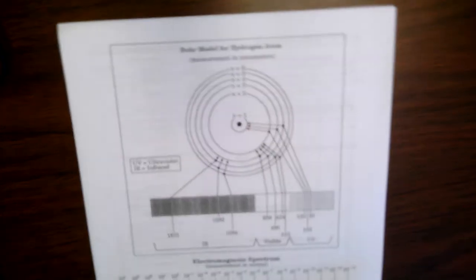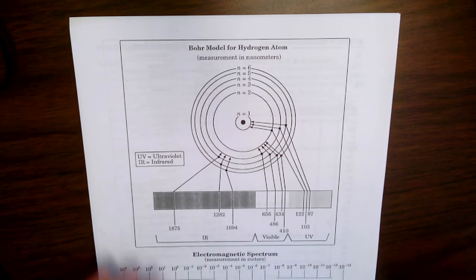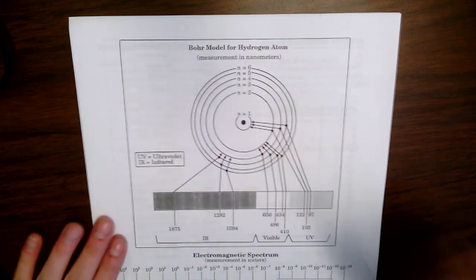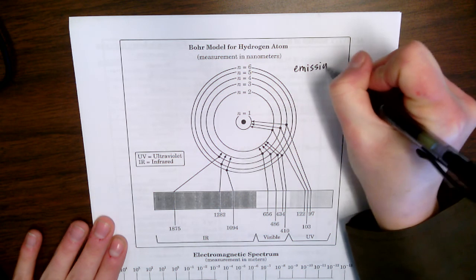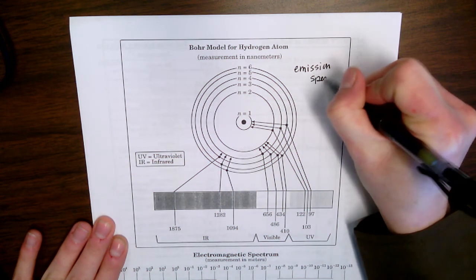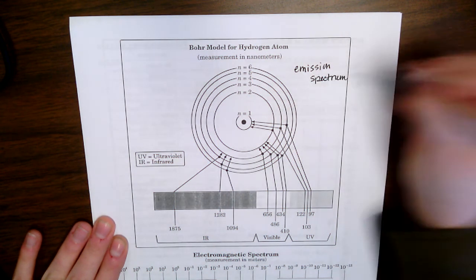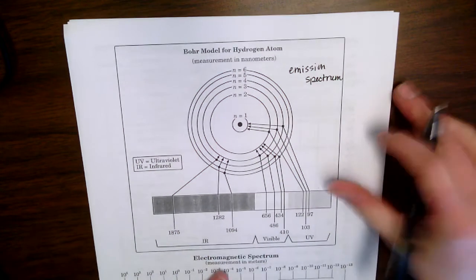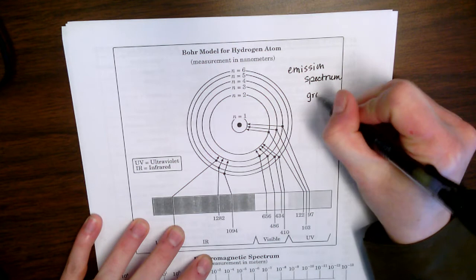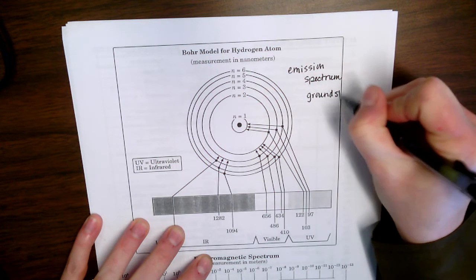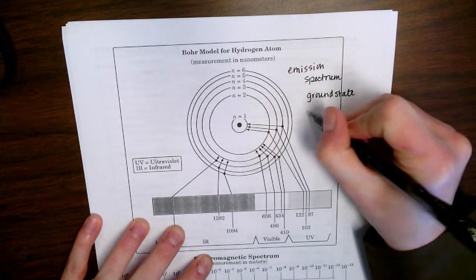If we look at the Bohr model of the hydrogen atom, basically this is showing an emission spectrum. What it's showing is something called a ground state and an excited state.